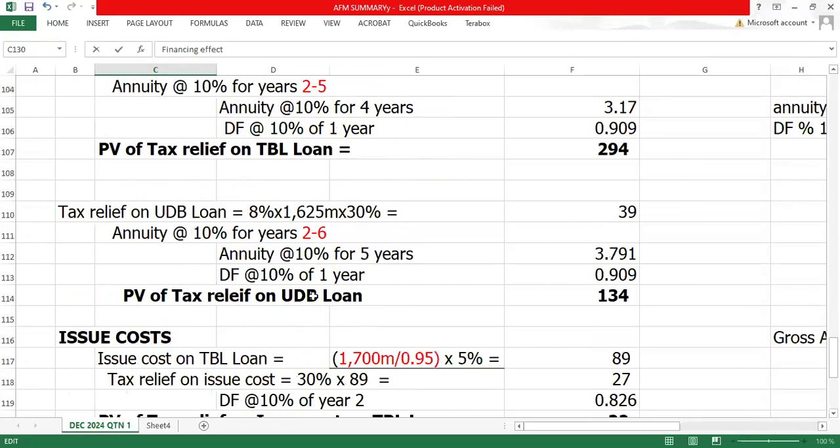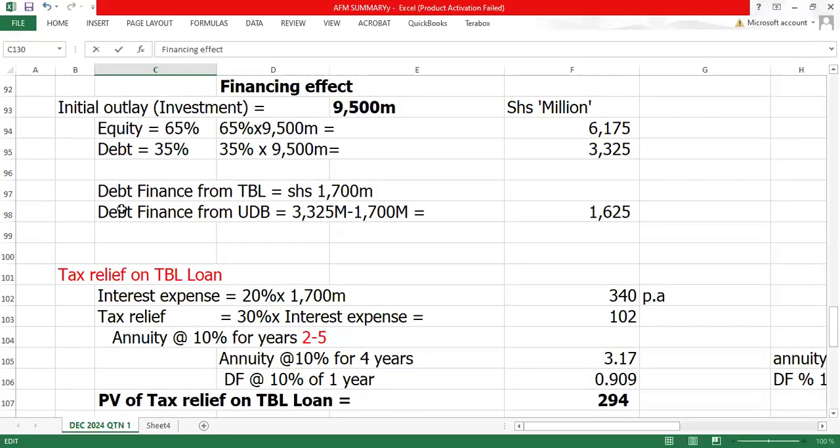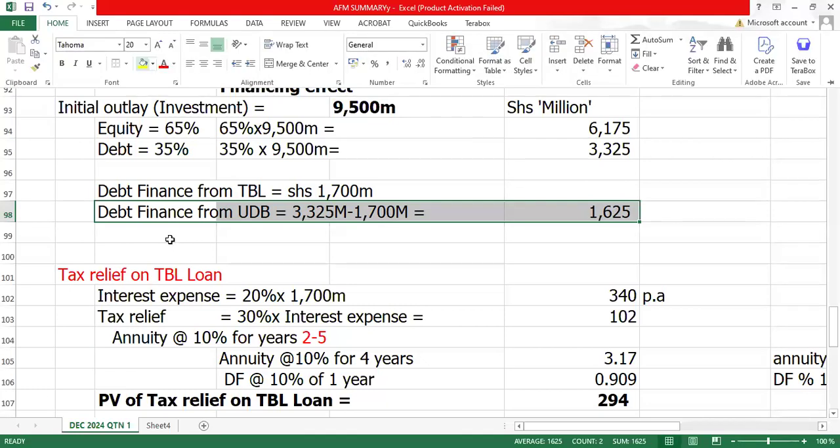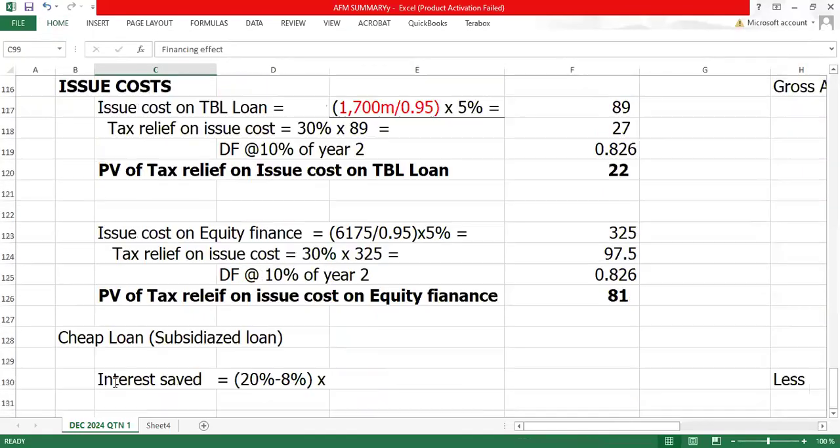The amount, of course, is where you go to the cheap loan. What is the debt finance? Where you had the cheaper loan. So it is 1625. There you will get the interest saved.